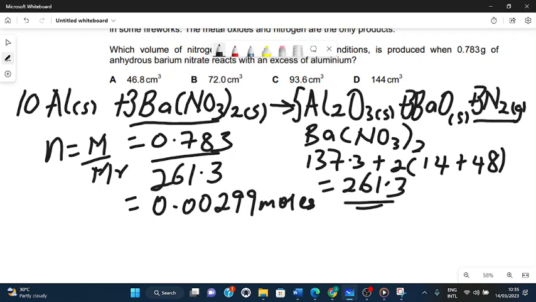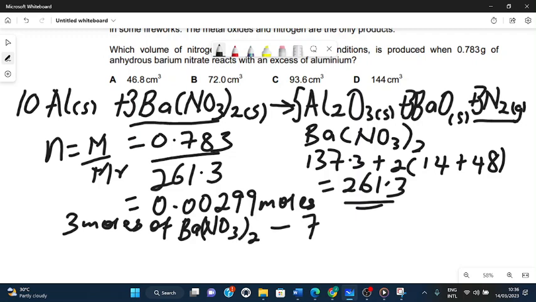Now look at the equation. From the equation, 3 moles of barium nitrate generates what? 72 dm³ of nitrogen.